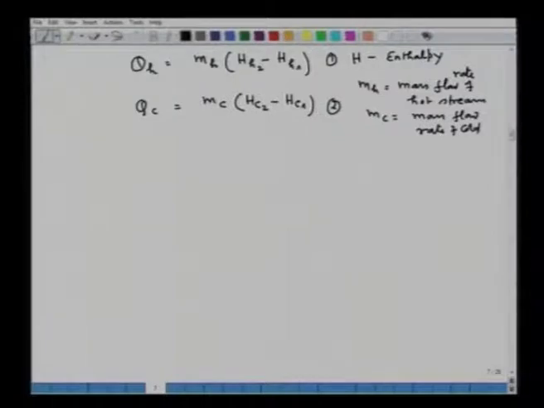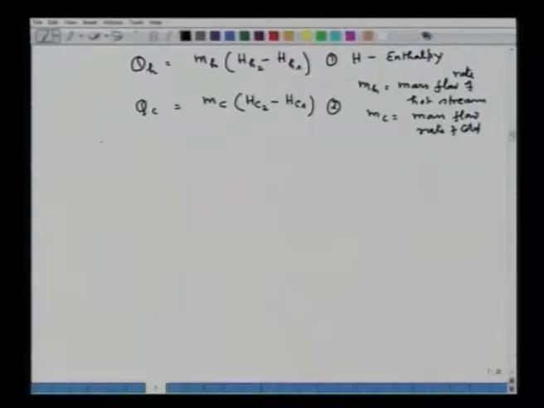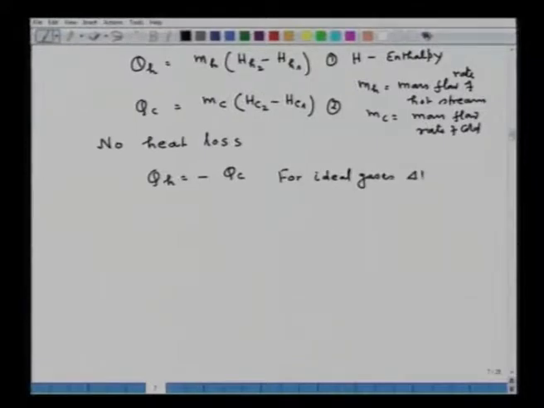Now, since we have considered there is no heat loss to the surroundings, what does it mean? The condition of no heat loss tells us QH is equal to minus QC. Also, for ideal gases, you know a little bit from thermodynamics, delta H equals Cp into delta T, where Cp is the specific heat.